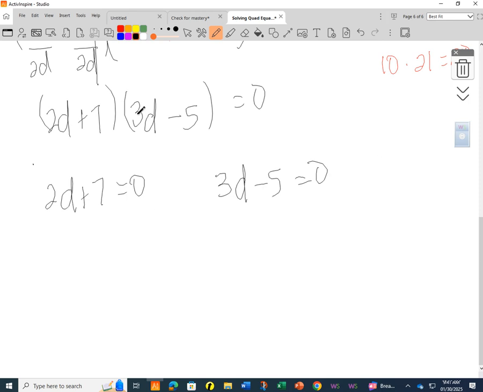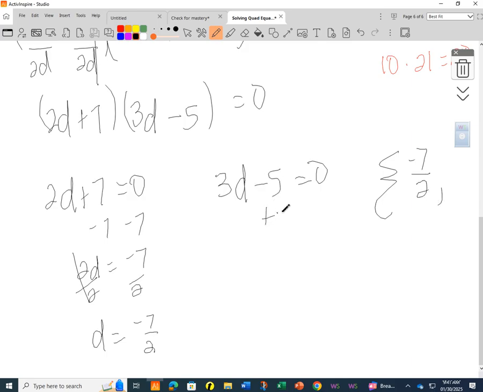So now we solve these equations. If there are 2 steps, and there are 2 steps here, we're going to undo the adding first. Now we have 2d equals negative 7. Divide both sides by 2 to undo the multiplying by d. And our first solution is negative 7 halves.